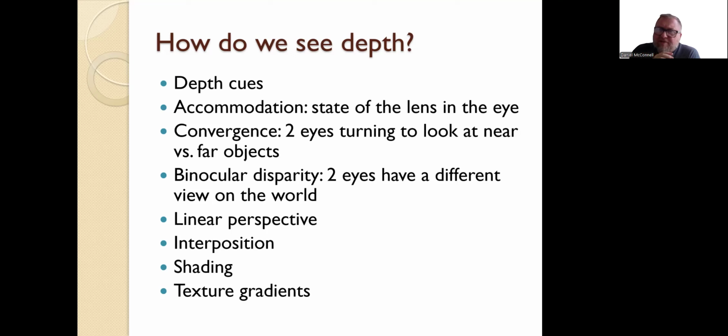So what we're going to say here is that the lens itself adjusts in an automatic and reflexive process, but it is actually controlled by a muscle. We have a small circular muscle inside of the eyeball called the ciliary muscle. The ciliary muscle has to constrict and contract when we are looking close up.